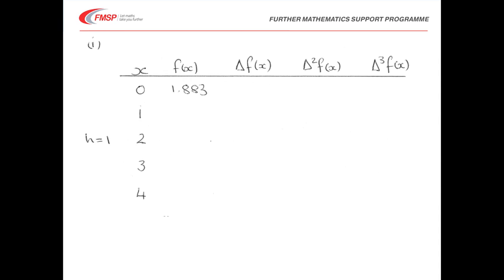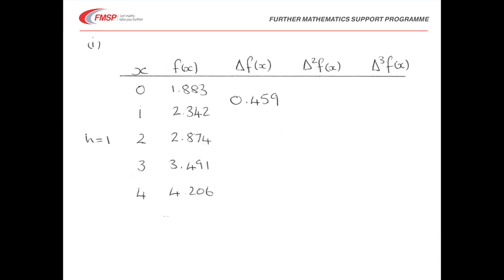So we fill in the y values. And at this point I reach for a calculator and recalculate the first difference. So I calculate 2.342 minus 1.883. Always the lower value in the table, take away the one above it. When I say lower, I don't mean the size of the number, I mean that it's actually physically written underneath it.